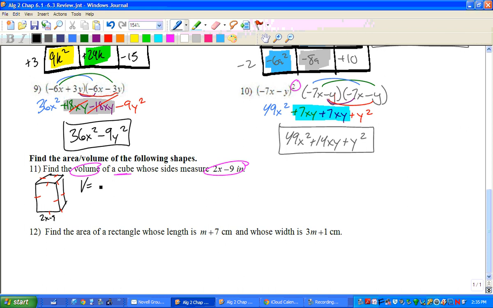Volume of a cube, or volume of anything, is length times width times height. So if everything is the same, it's just 2x minus 9 cubed, which is 2x minus 9 times 2x minus 9 times 2x minus 9.